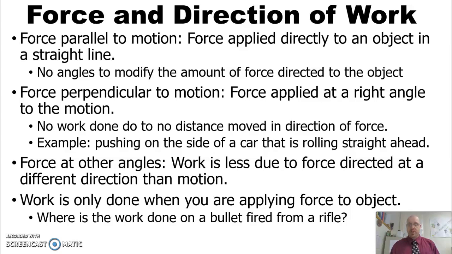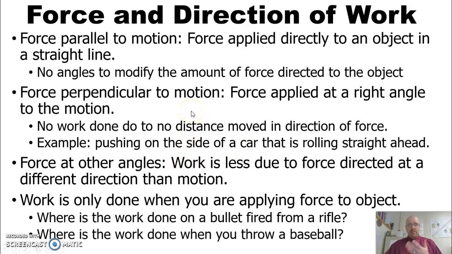So work is done on a bullet inside of the chamber and the rifling, which makes sense, because a rifle has much more velocity and force because it has a much longer barrel, which means much more work can be done over that distance, versus a pistol, which has a very short barrel. So there's not a lot of work that can be done there, so you have much less velocity and much less force.